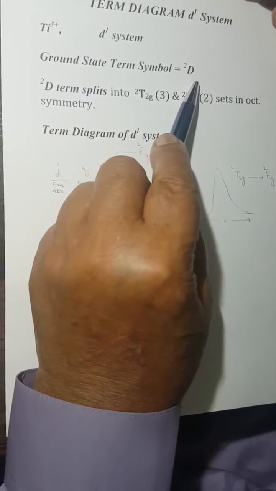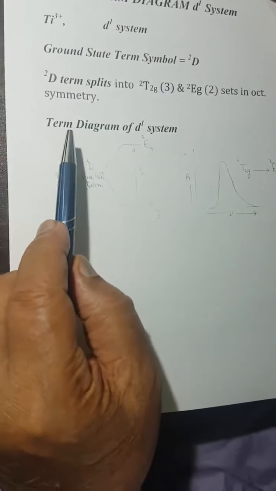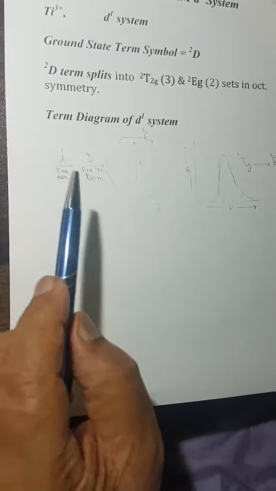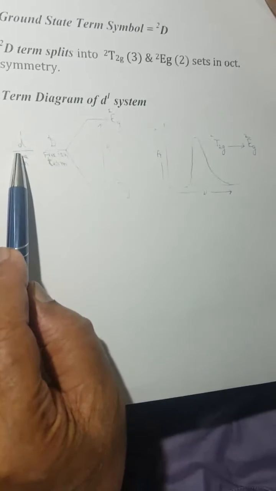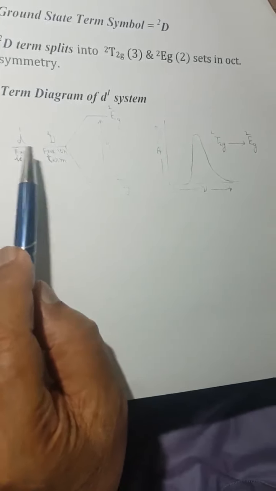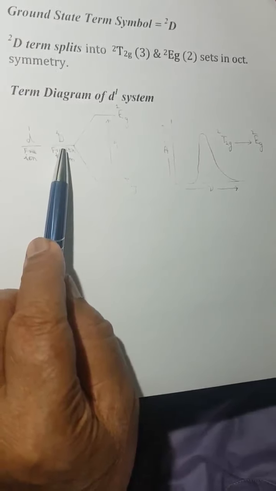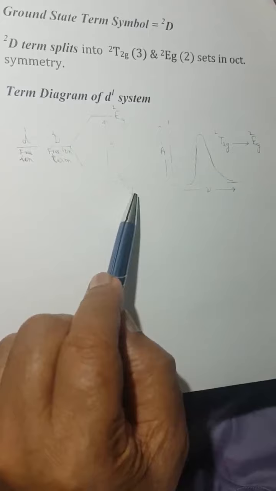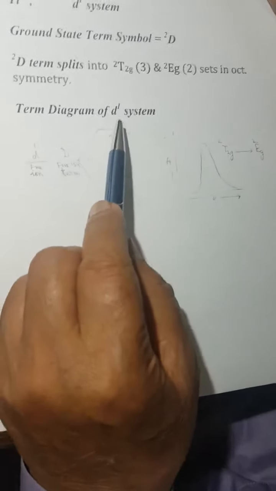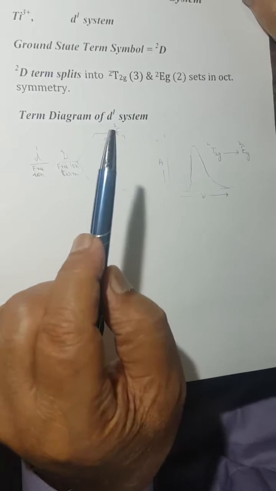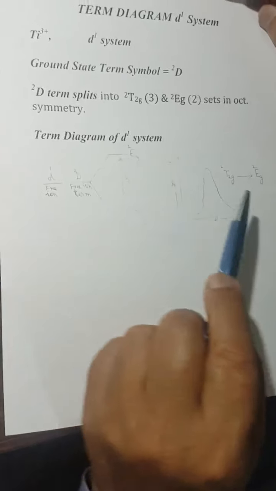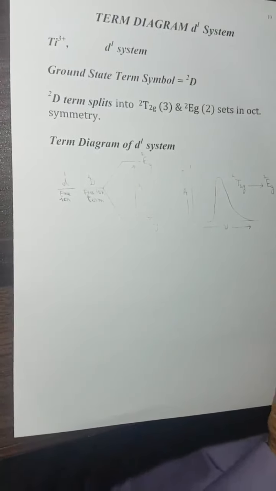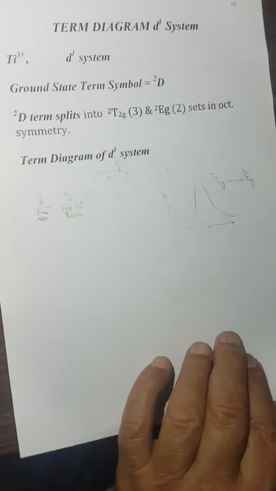The ground state is 2D, and the term diagram will be: d1 ion gives 2D term. It splits into two energy levels, 2T2G and 2EG, and there will be only one band. And thank you so much.